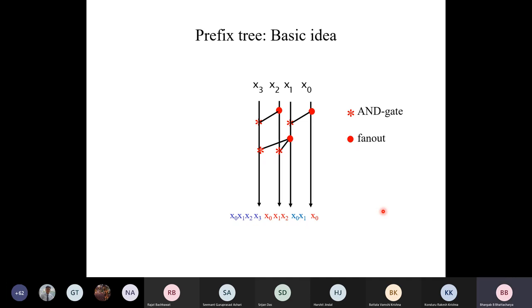Divide and conquer. So what to do? Look at this diagram and you would be able to give the answer.